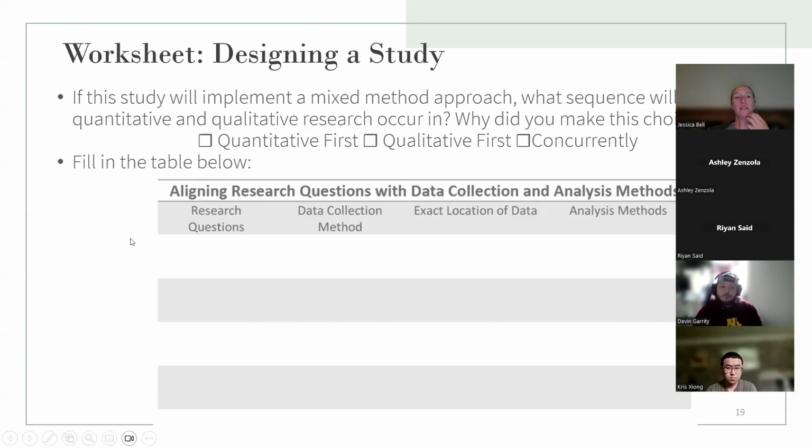I liked this table here where they're aligning the research question with the data collection method, the location of data, and then analysis method. And so you've got it all in one line. For each experiment, you might have that research question three times, but you're going to have three different data collection methods, right? Where's the data located?